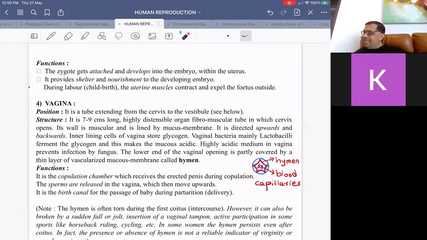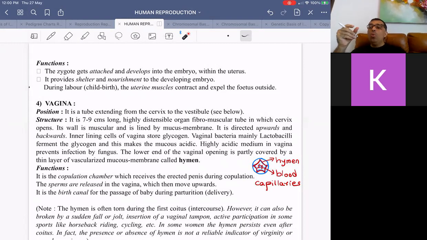But sir, this hymen is at the opening, and when the penis is inserted inside the hymen during the first sexual intercourse, the erected penis will rupture the hymen. And hymen, we remember, is highly vascularized, full of blood capillaries.